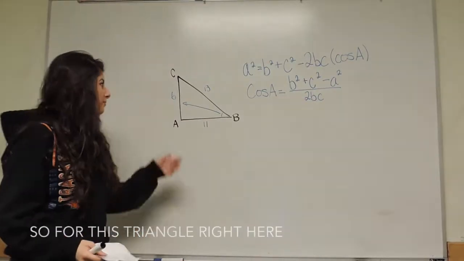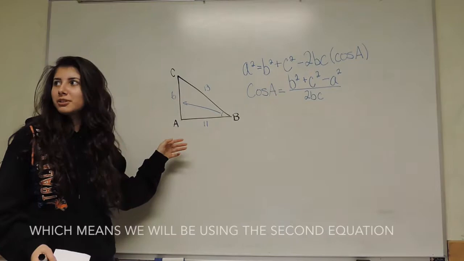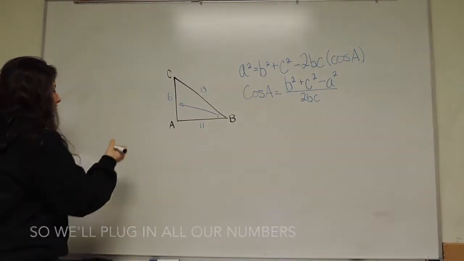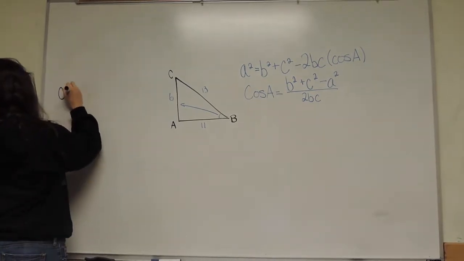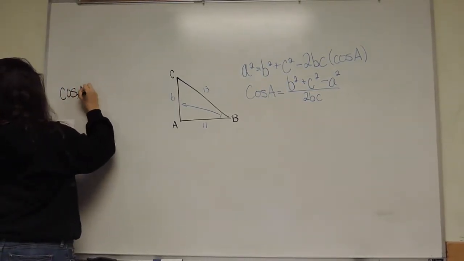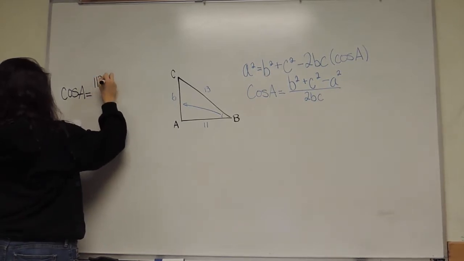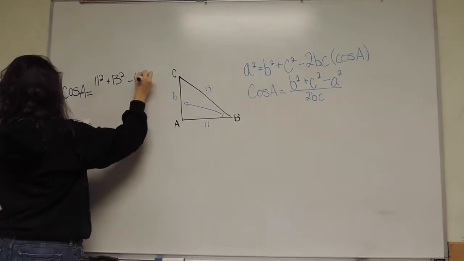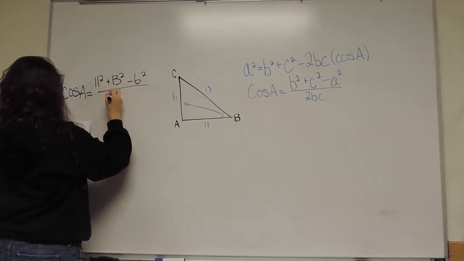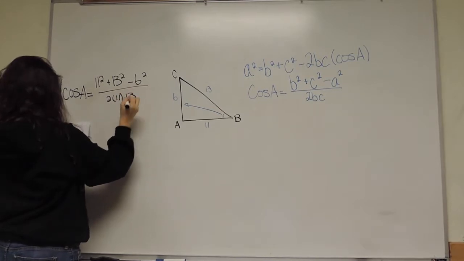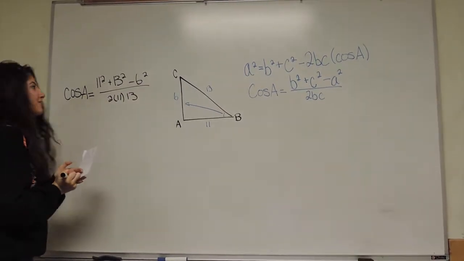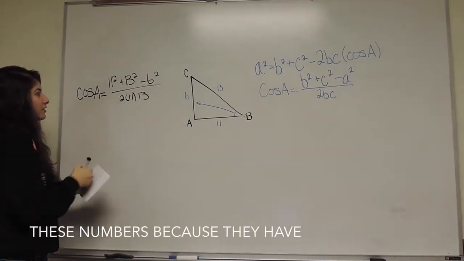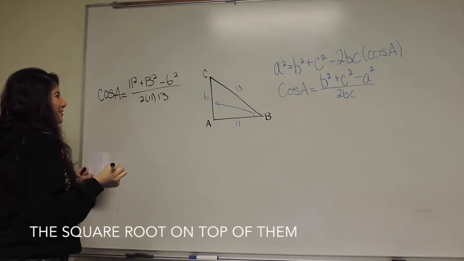So for this triangle right here, we have all three sides included, which means that we will be using the second equation. So we'll plug in all our numbers and go from there. So now that we have all the sides plugged in, we're actually going to square root these numbers because they have the square root on top of them.